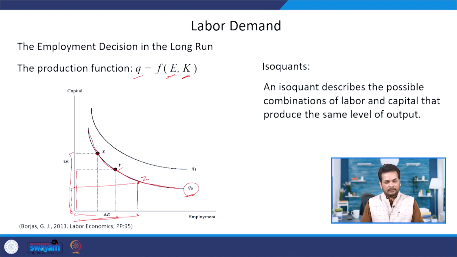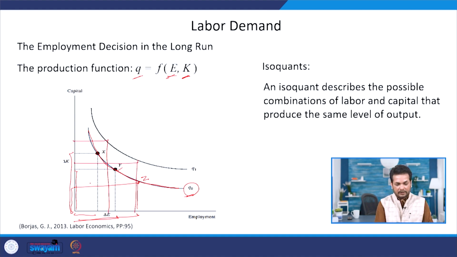Higher and higher levels of output can be produced with higher combinations of both labor and capital. So, Q1 level of output can be produced at a higher combination of labor and capital. These are called isoquants, and they describe the possible combinations of labor and capital that produce the same level of output.